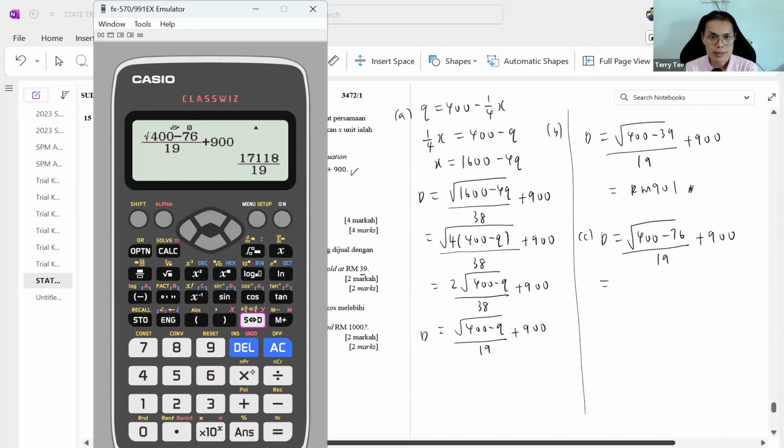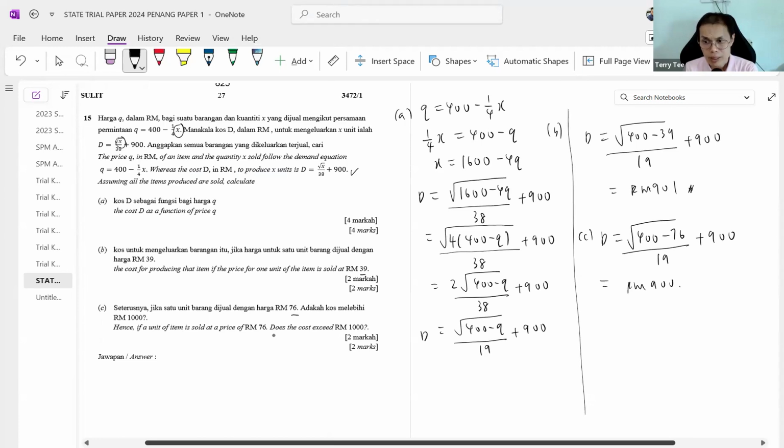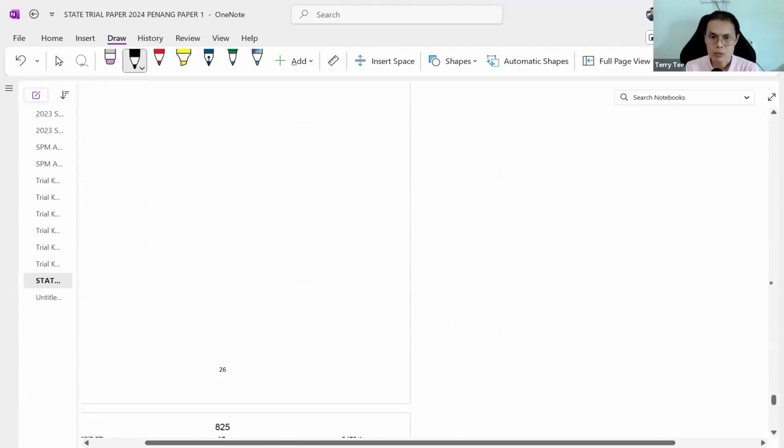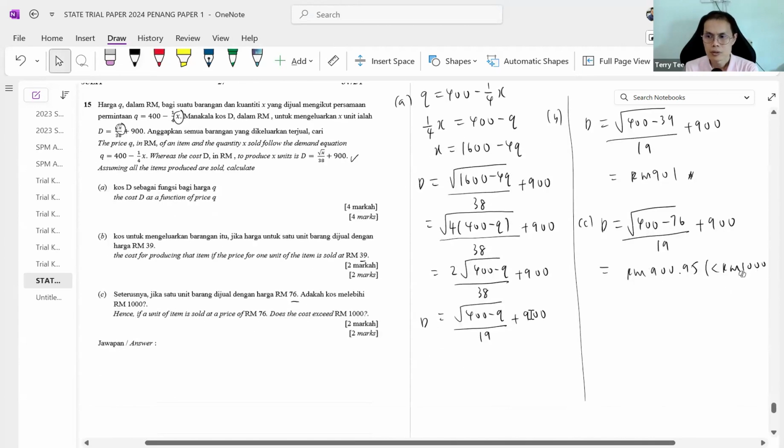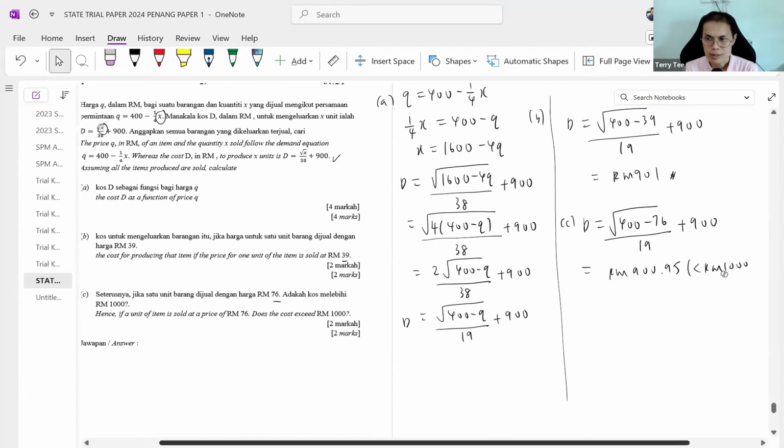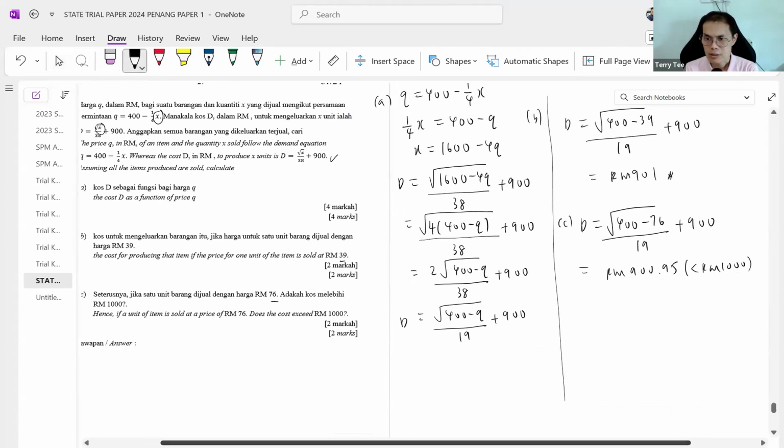You notice it's going to be less than 901: 900.95. Yeah, RM 900.95. So we say this is less than 1000. Would it exceed? Answer is no. Yeah, we already showed that it's less than that.